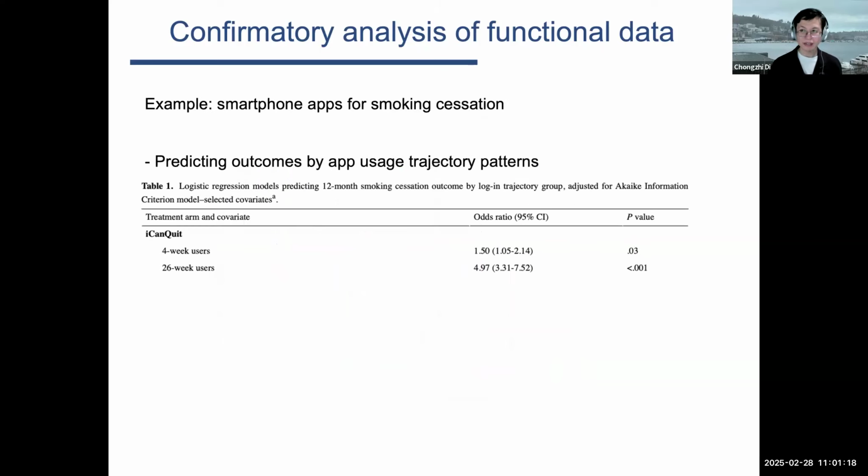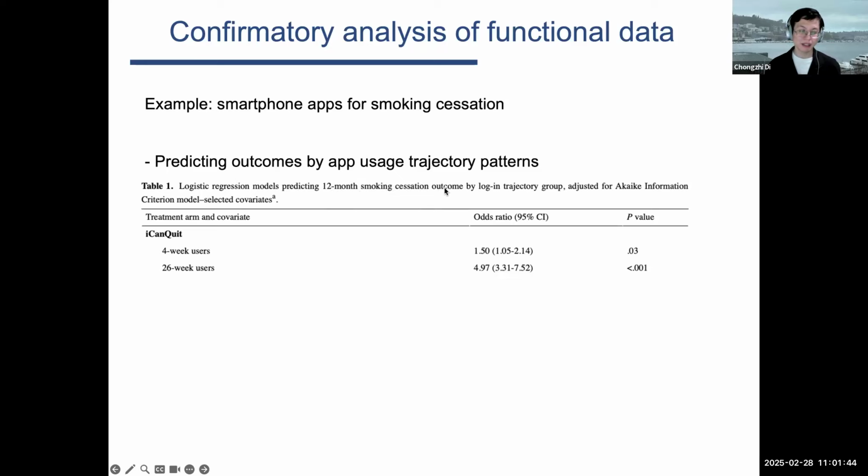And then, after we obtain these different patterns or clusters or trajectories, how do we use them in further analysis? This is a randomized trial, so the endpoint is 12 months smoking cessation outcomes, that is, quit smoking after 12 months. That's the outcome, a binary outcome.